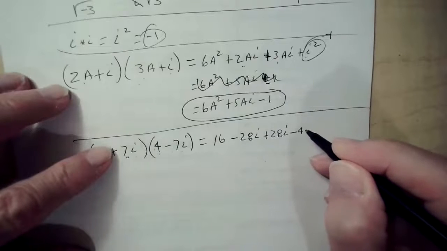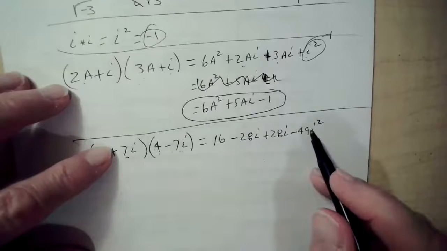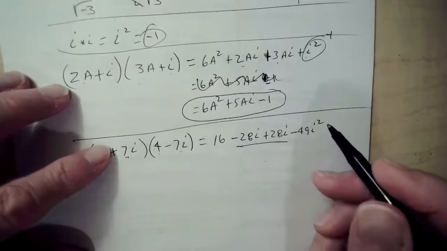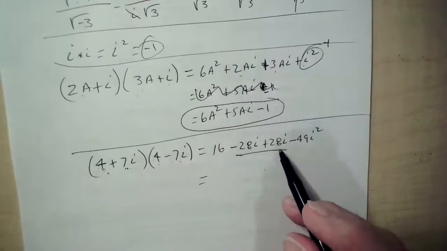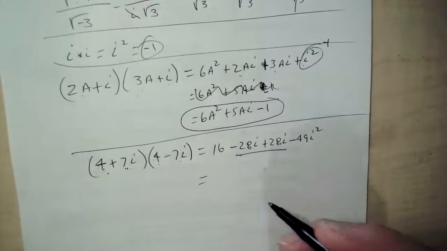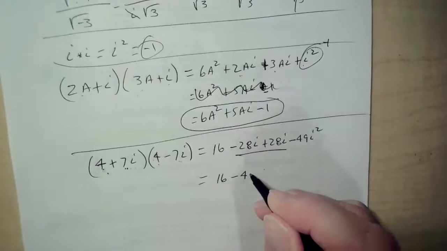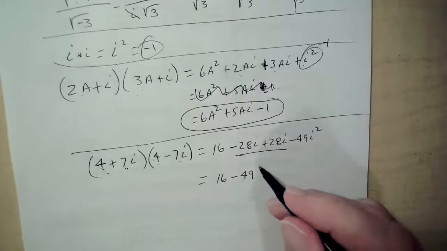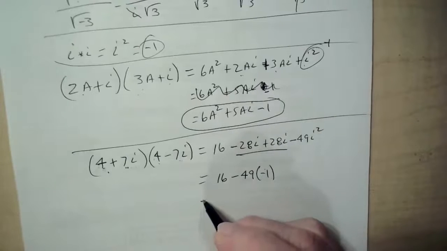And 7i times -7i is -49i squared. Middle two terms are opposites, and they cancel each other out. 28i minus 28i is 0. So we have 16 minus 49.